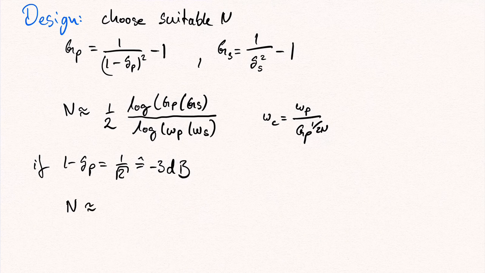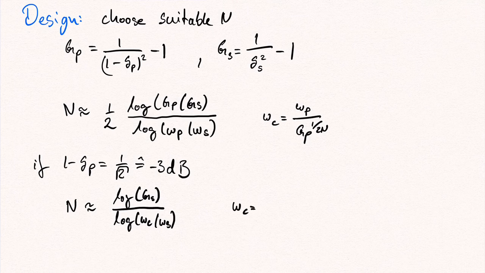Then it is approximated by the logarithm of Gs divided by the logarithm of omega c divided by omega s, where in this case omega c is equivalent to omega p. Of course, the order of the Butterworth filter can only be an integer value, so in the end the order n has to be the lowest integer value which is greater or equal than the result of the approximation formula. For instance, if the approximation formula gives us a value such as 2.8, the order has to be chosen equal to 3.